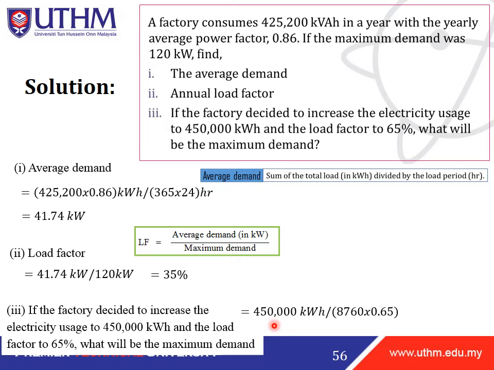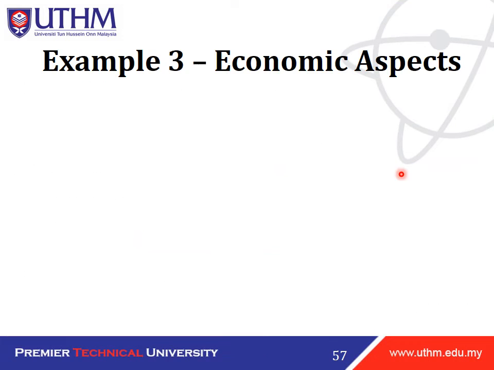So, 450 kilowatt hour divided by 876 hour times 0.65, the load factor. So the answer will be 79.03 kilowatt.